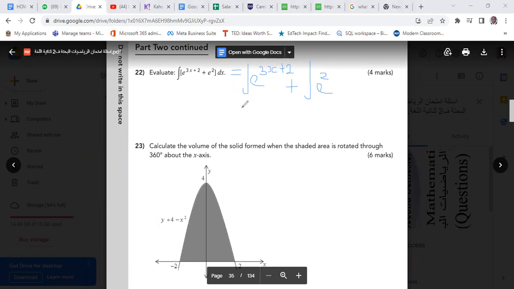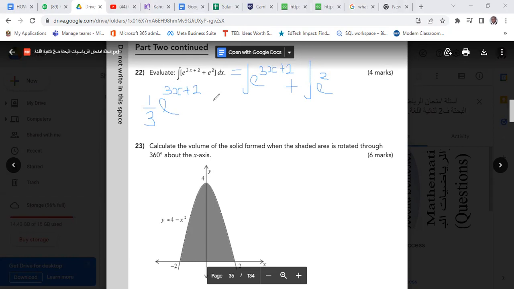So I'll have 1 over 3. I hope you know that law of integrating with exponential, and the good news is that you have all of these rules in your question papers. You can always go there to check, just to ensure that you are doing the right thing. So this is integration of e power 3x.